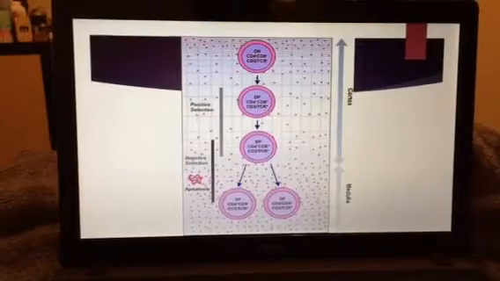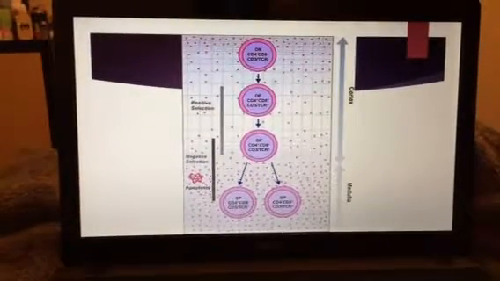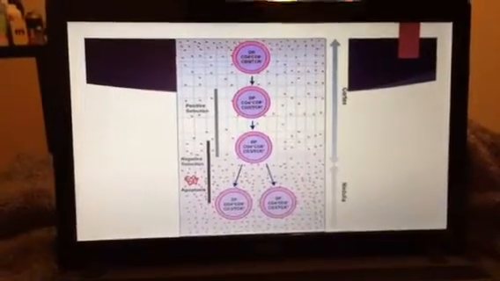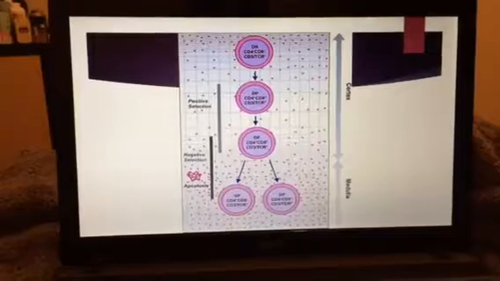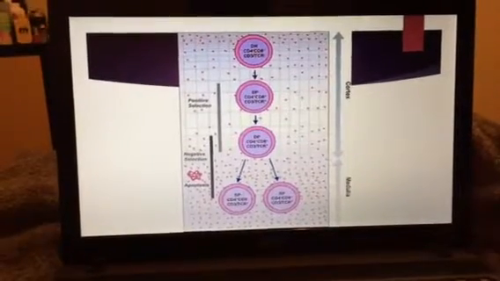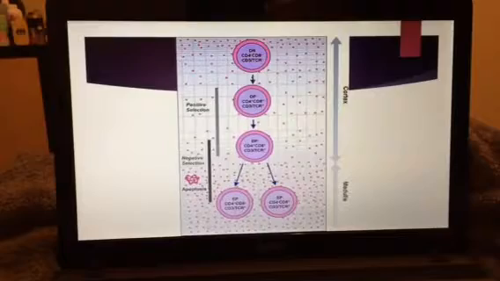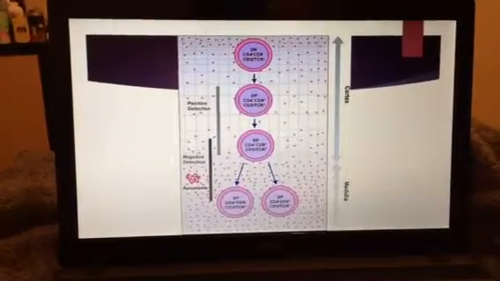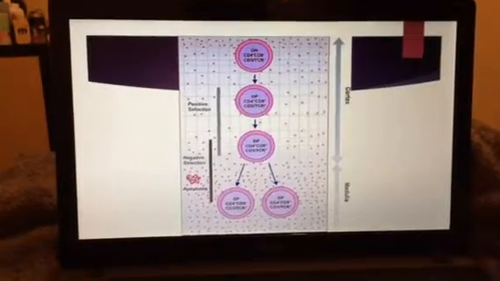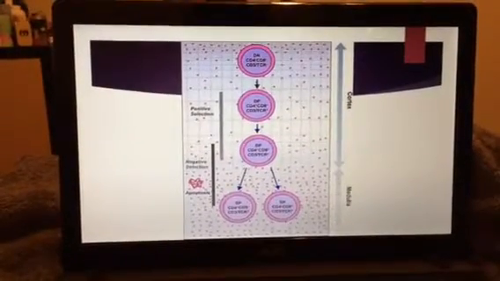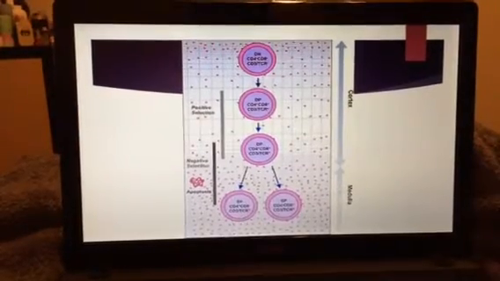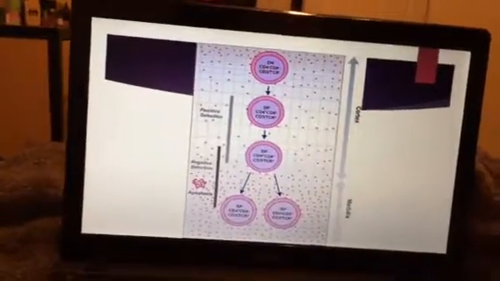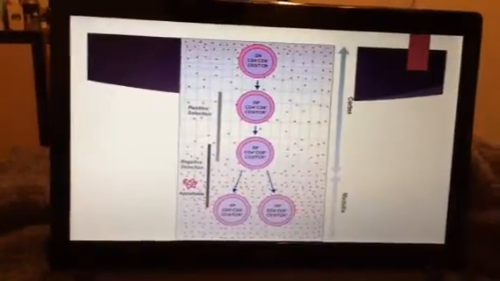T helper 1 cells are created with the influence of interleukin 12, and T helper 2 cells are formed under the influence of interleukin 4. Those are the two types of cells that will form. So then it moves down.